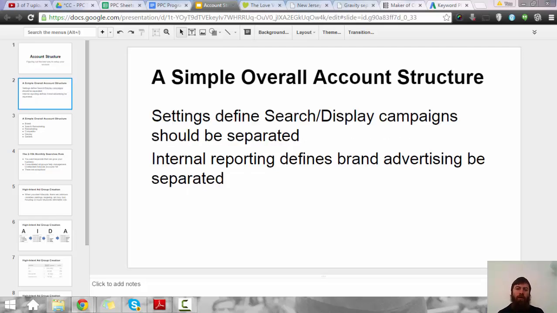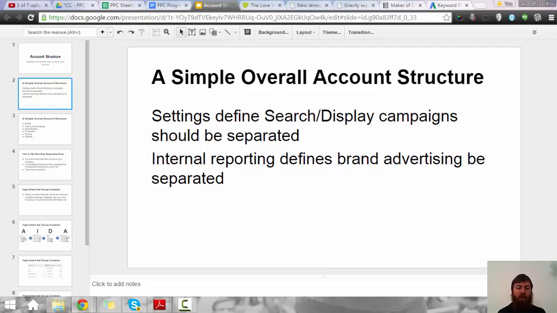So first, for overall account structure, really there are two things in my mind that define how you set up campaigns. One is that search and display campaigns need to be separated, and this is basically defined within the settings of AdWords for best performance.